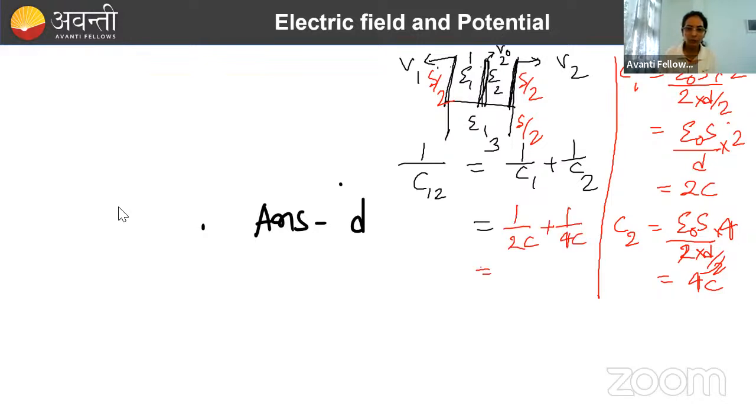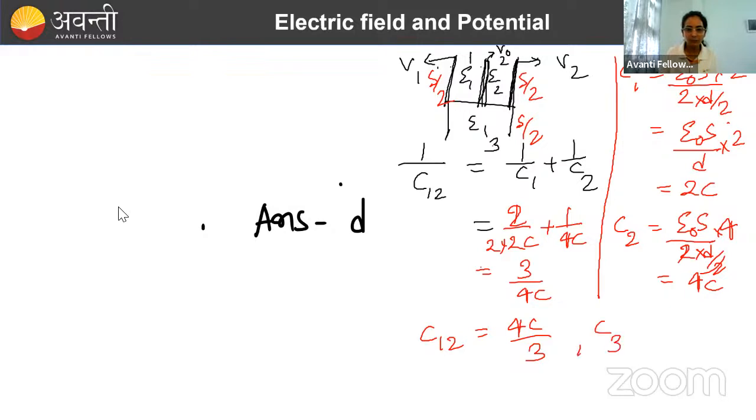If you multiply it with 2 and divide by 2, this will become 3 by 4C. So C12 will be 4C by 3.